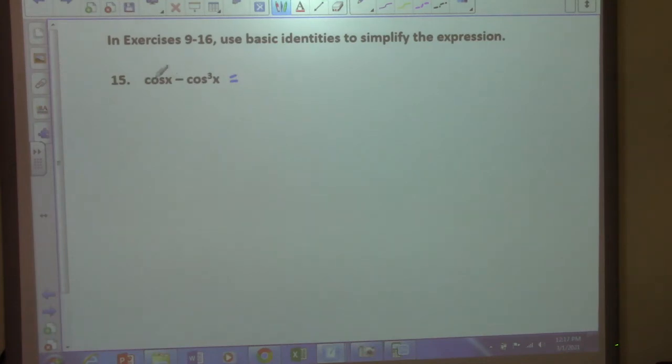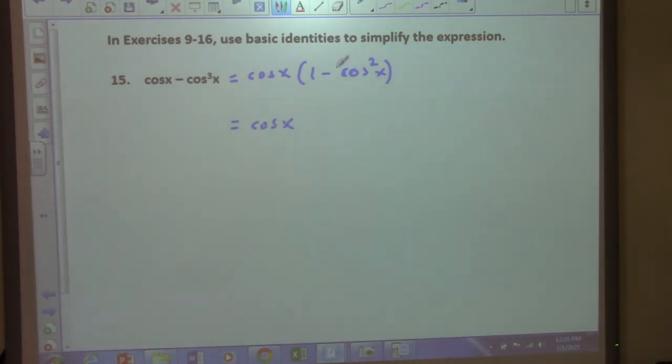So let's go ahead and take a common factor out of here. Cosine x, and we'll have 1 minus cosine squared x, right? And so what can you do with this thing now? Look at number 14.